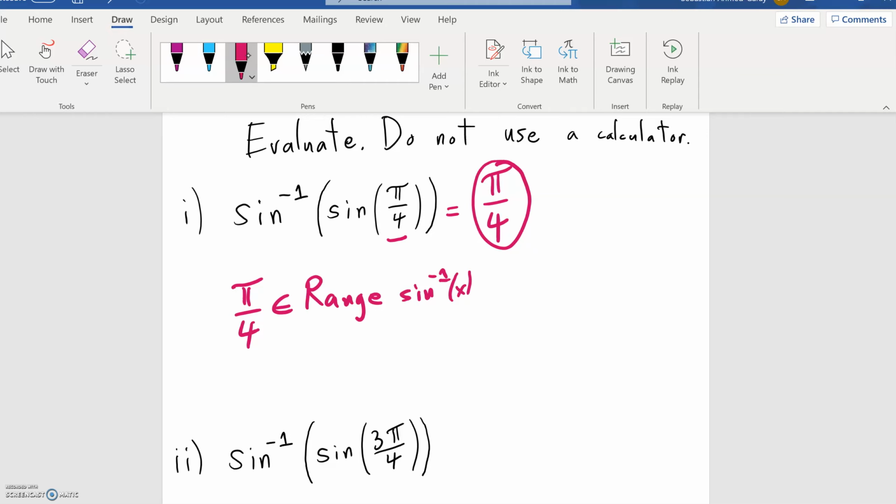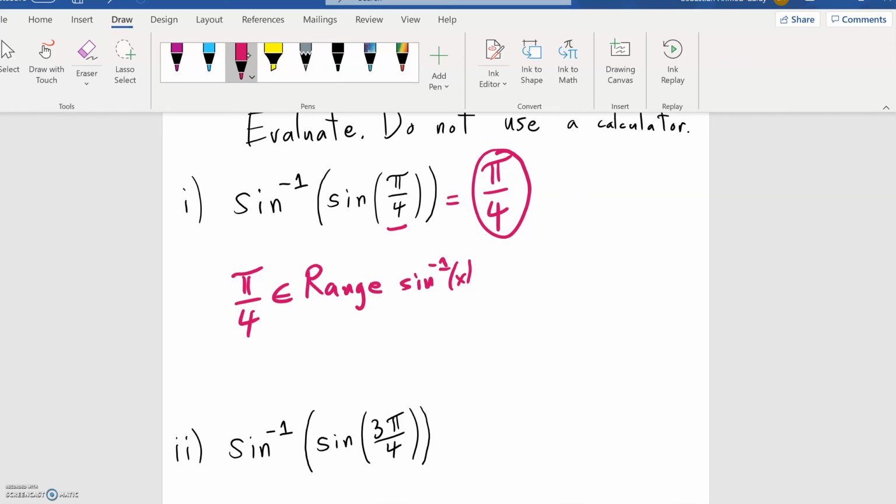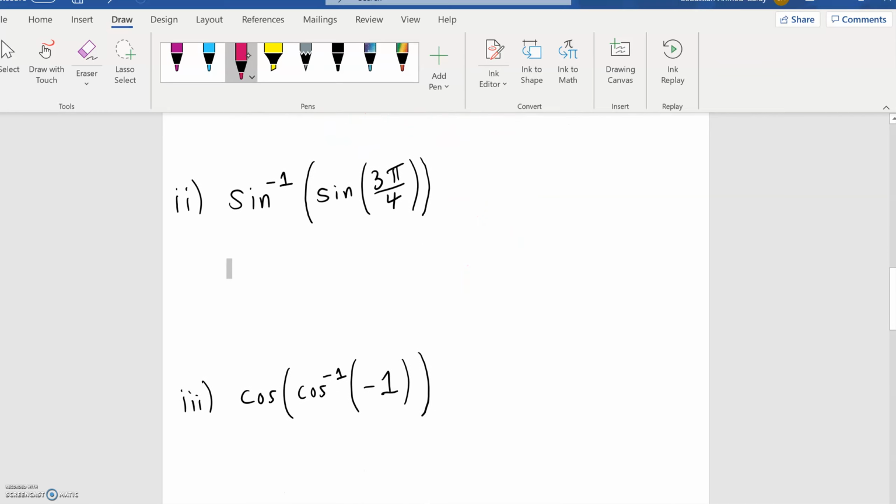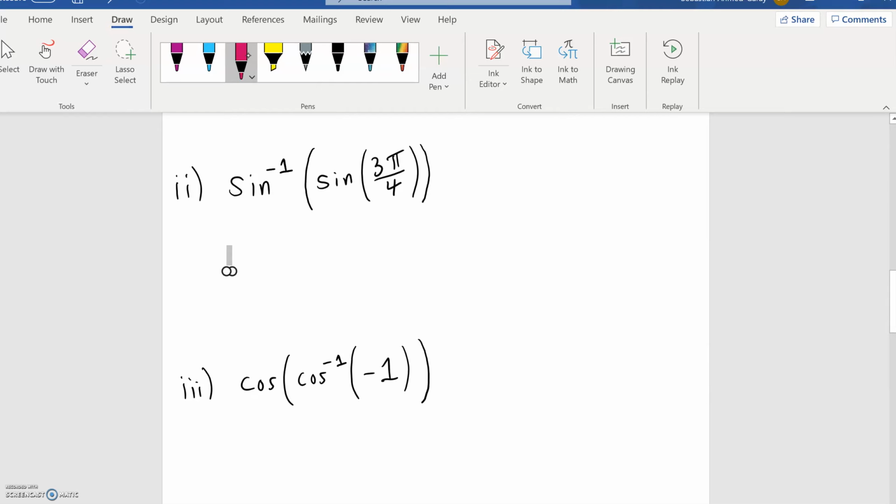Sorry about that. Let's take a look at the next problem. Number 2, sine inverse of sine of 3 pi over 4. Okay, in this problem, you cannot use the inverse function property that was mentioned at the beginning of this video. Why?